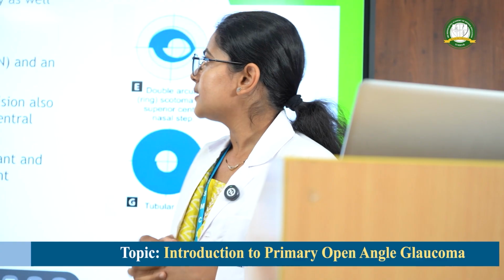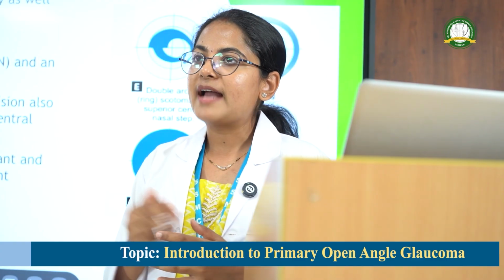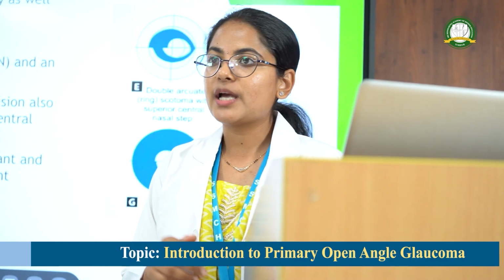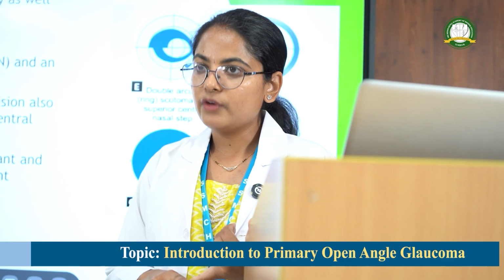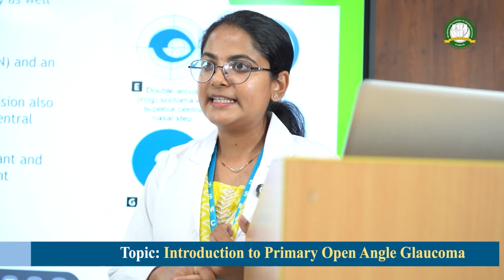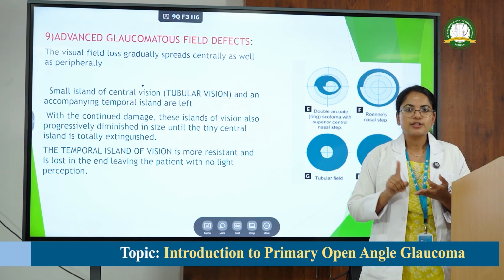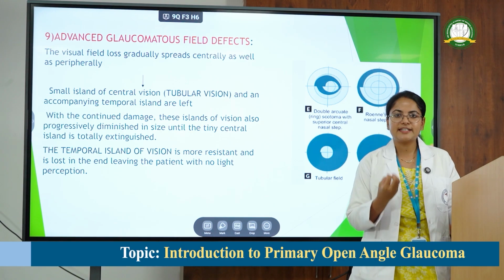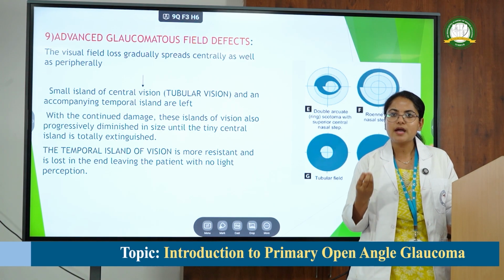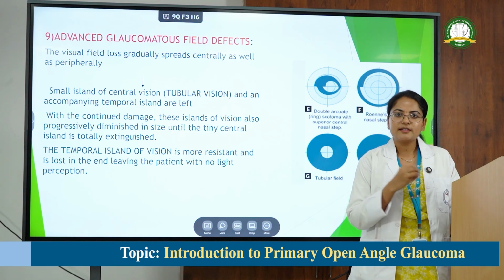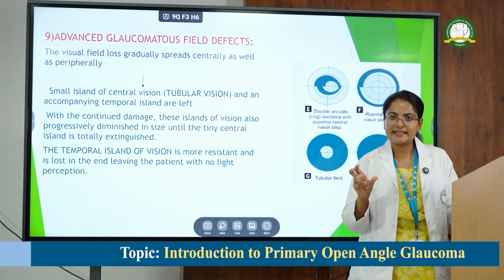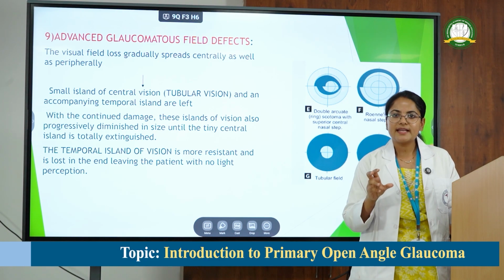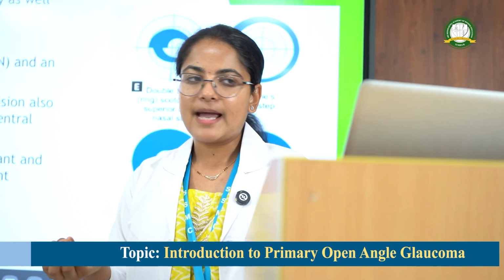Now, what structures of the angle of the anterior chamber do we have? We have the root of the iris, ciliary body band, scleral spur, trabecular meshwork, Schwalbe's line. How will you know whether the angle of the anterior chamber is shallow or deep? By pen torch examination to look for the eclipse sign and by Van Herick grading done on the slit lamp.